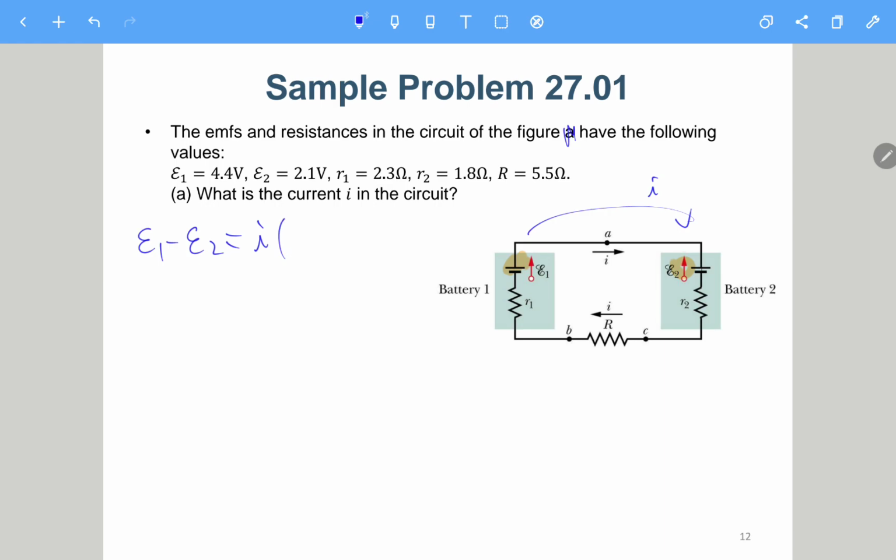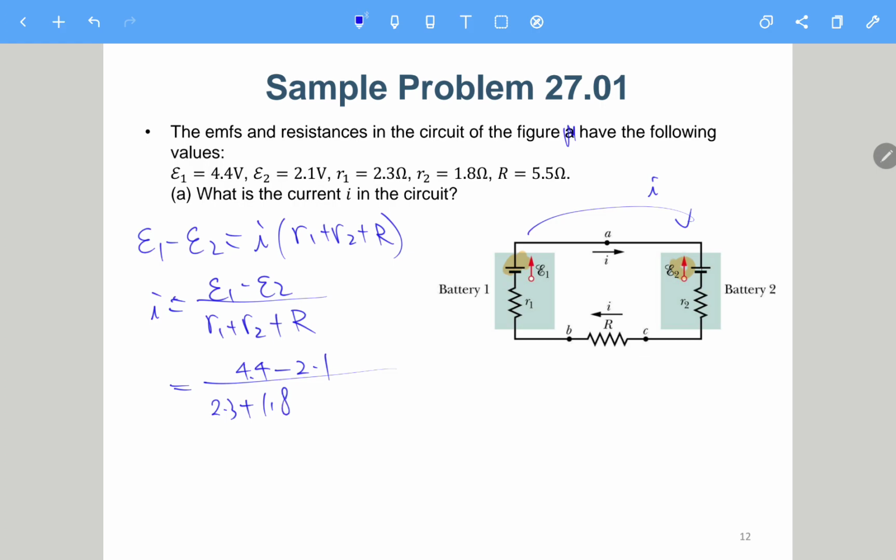So I times R1, R2, and R in series. So we have R1 plus R2 plus R. So I is nothing but E1 minus E2 all over R1 plus R2 plus capital R. We can plug in the values: 4.4 minus 2.1 all over 2.3 plus 1.8 plus 5.5.